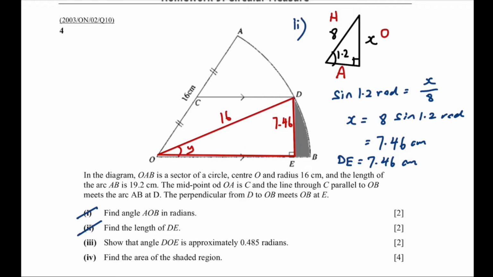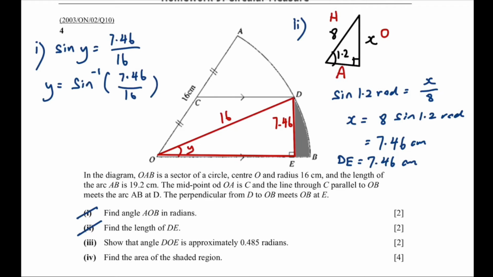So to find angle DOE, which is Y, this is your O, this is your H. So sine Y equals 7.46 over 16. Make sure your angle is in radian also. The answer must be in radian.